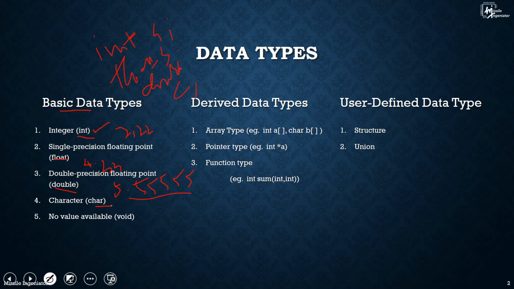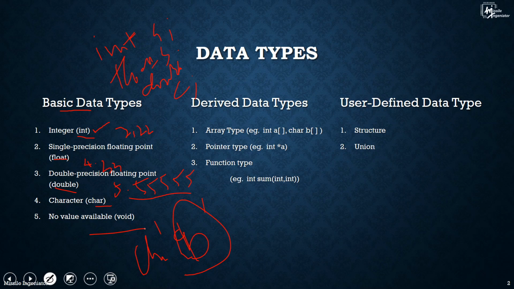The character is used to store a character value. If you declare only char, you can store a single character. Suppose you want to declare a as a character, you give char a. So char holds a single character, and void is nothing but it stores nothing inside it.